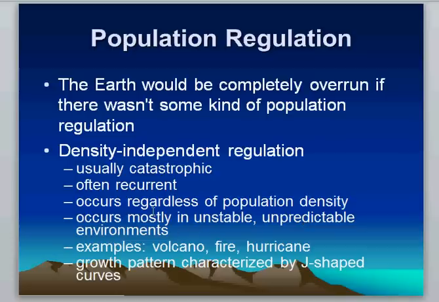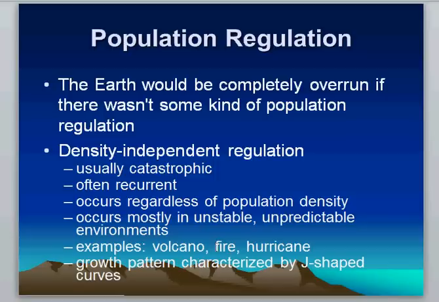So these species will try and capture as many of those resources as possible and have as many offspring as possible while those resources exist. Once the resources disappear, then they will just crash once again. So unpredictable, unstable environments would be around volcanoes, fire-prone environments, or hurricane damage environments.